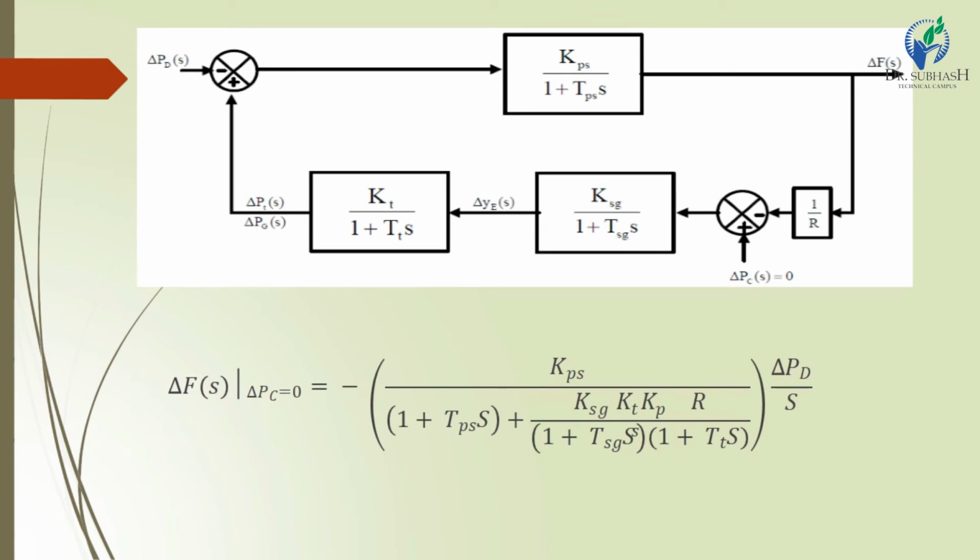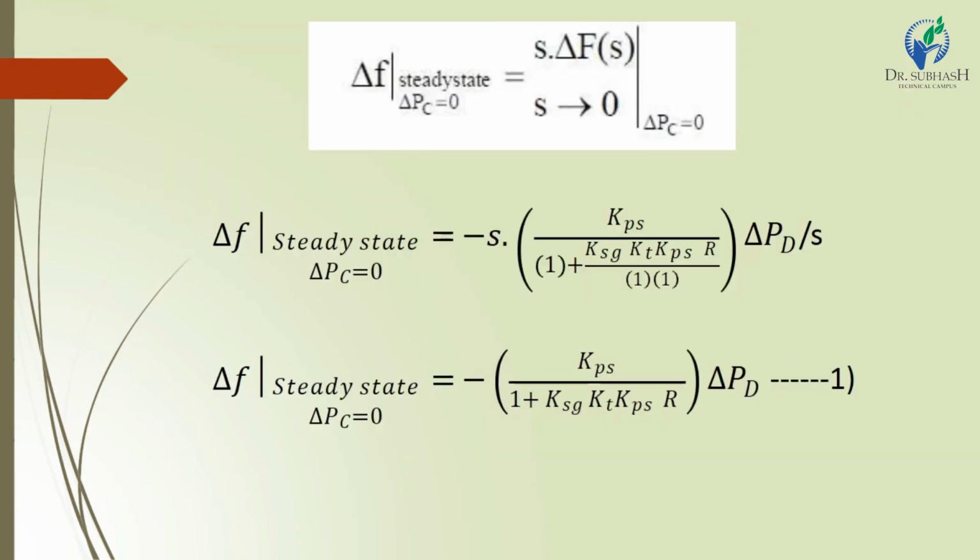Delta F of S, with delta PC equal to 0, is equal to minus Kps upon 1 plus Tps into S, plus Ksg into Kt into Kps into R upon 1 plus Tsg into S into 1 plus Tt into S, into delta PD of S. In this equation, we can write delta F for the steady state condition.